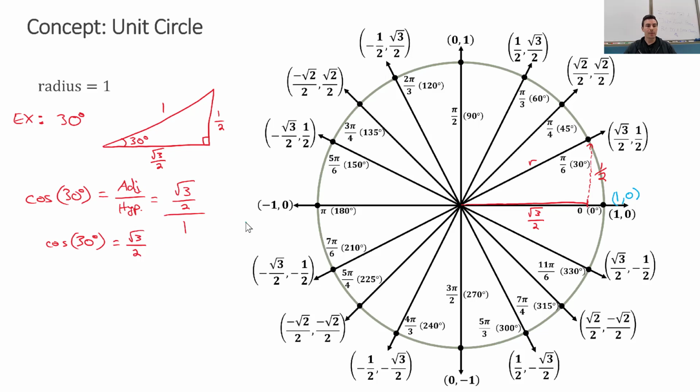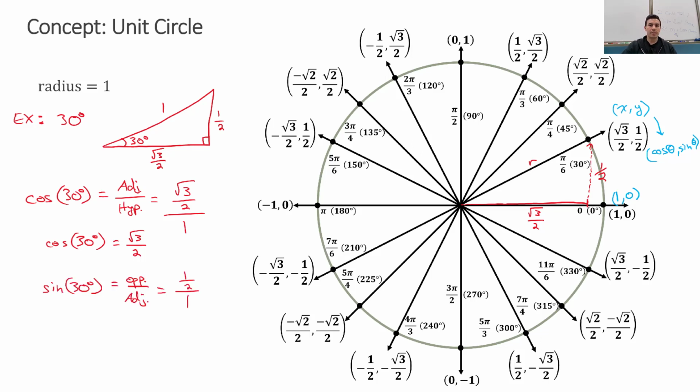So the nice thing about this is any x value, if I have a coordinate (x, y) on my unit circle, that's really (cosine theta, sine theta). So my cosine and my sine are now the x and y values of my coordinates, which is really, really helpful.